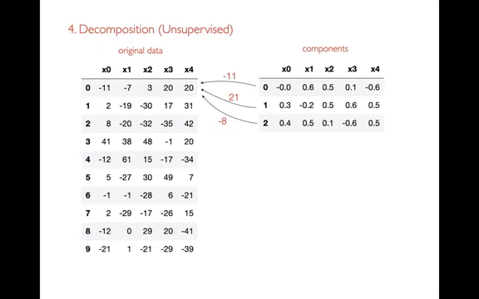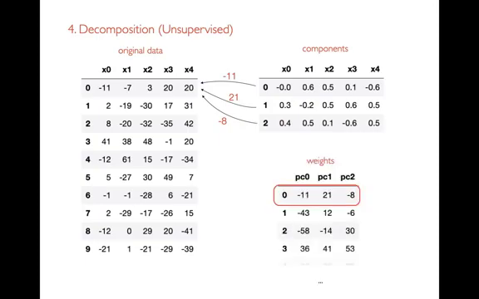So I have that here, and I have these numbers here. What we'll generally do when I'm mixing these components to create a row is put these numbers in another table down here. So this will be a table of all my weights, or maybe my principal component scores. I'll put -11 here, 21 here, and then -8 here.